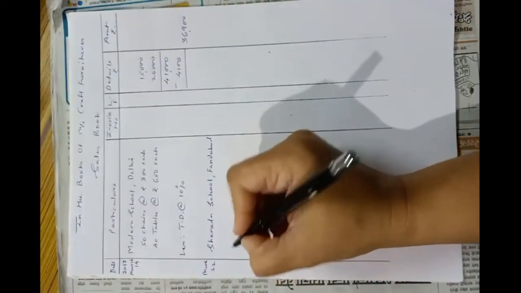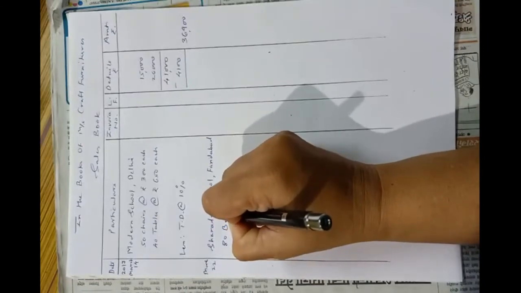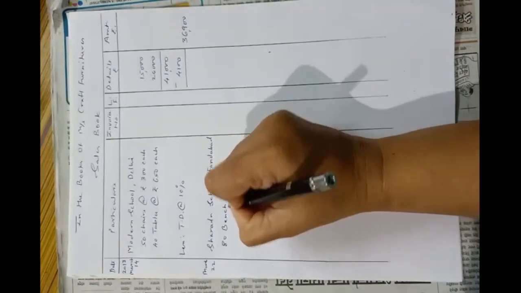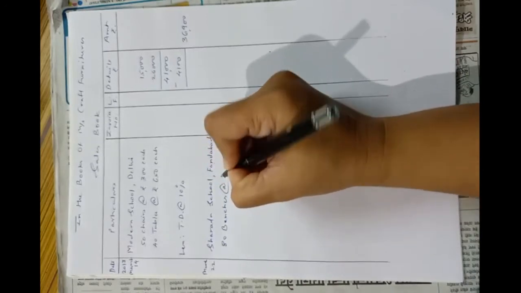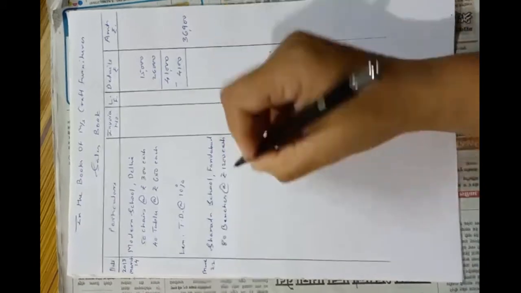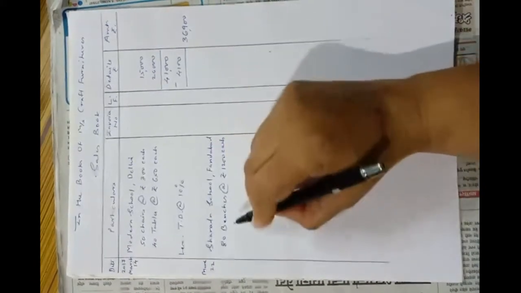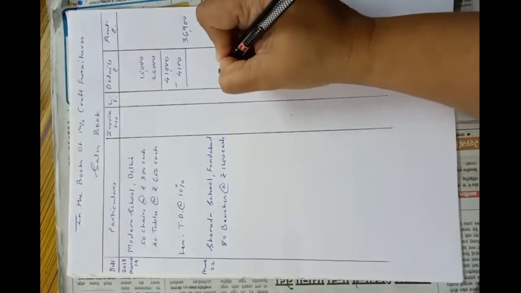80 benches at rupees 1,200 each. So 1,200 into 80, that is 96,000.